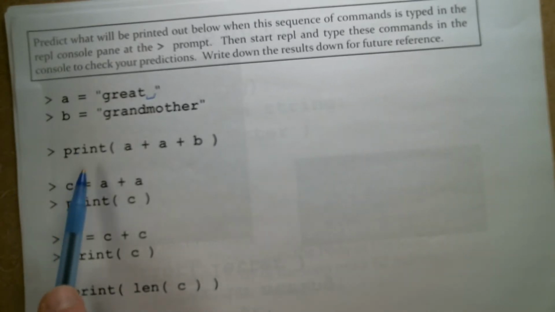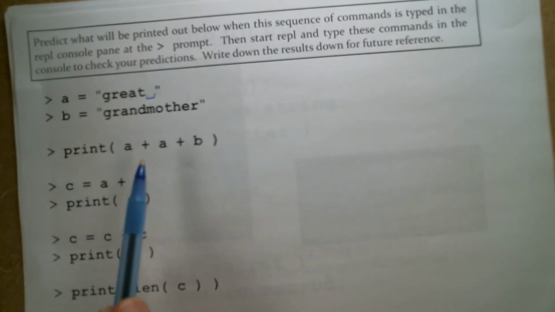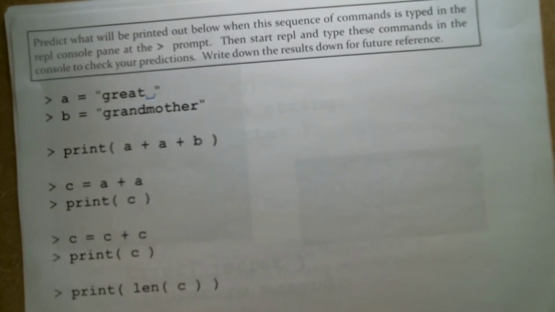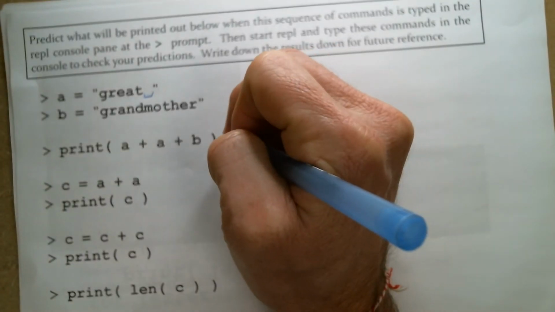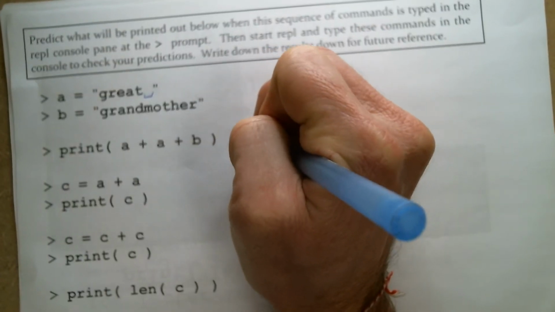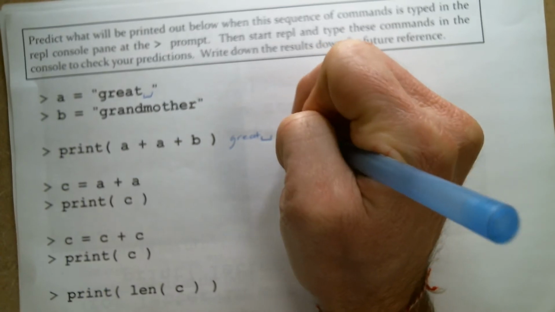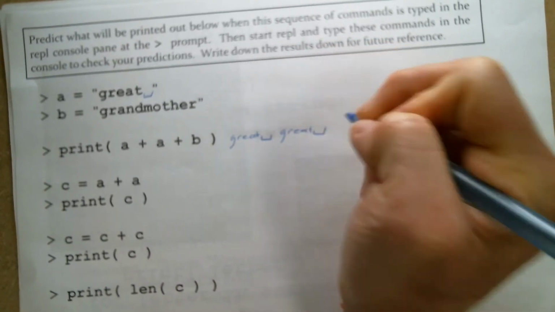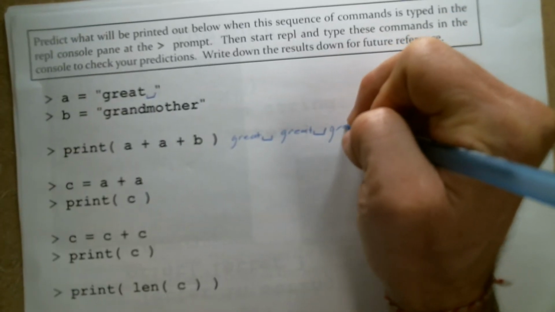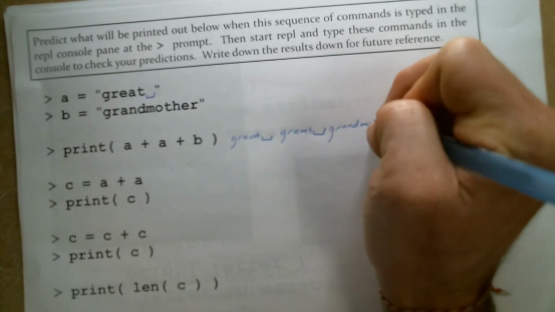All right, so if we were to say print a plus b, take a second, write down what you think that would be. All right. And hopefully you realize, because this is something we did at the very beginning, that it's going to basically stick those strings together. So we would end up with great with a space, and then the word grandmother.